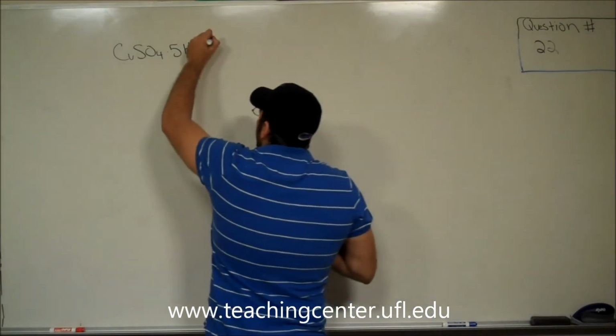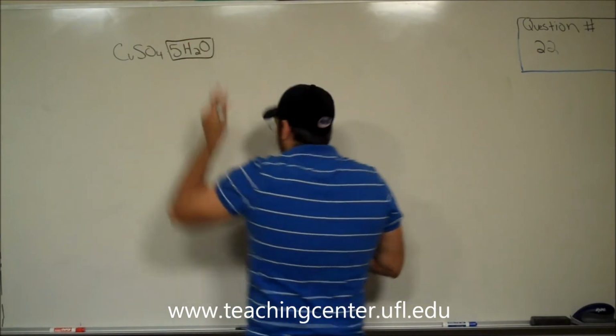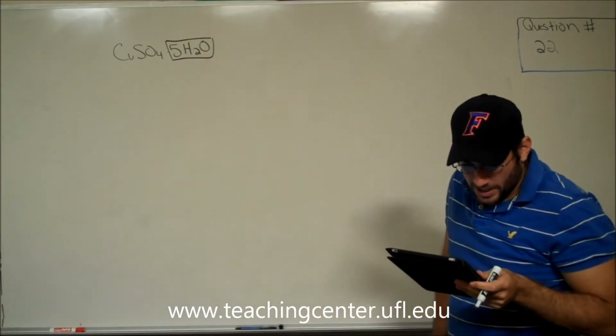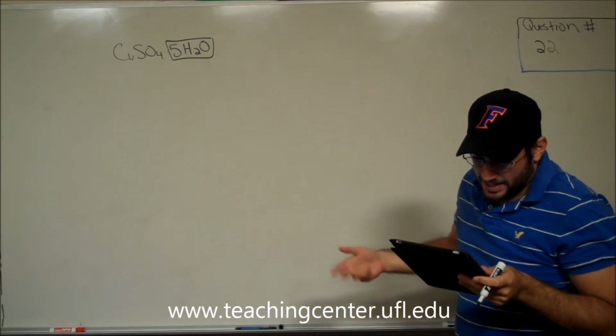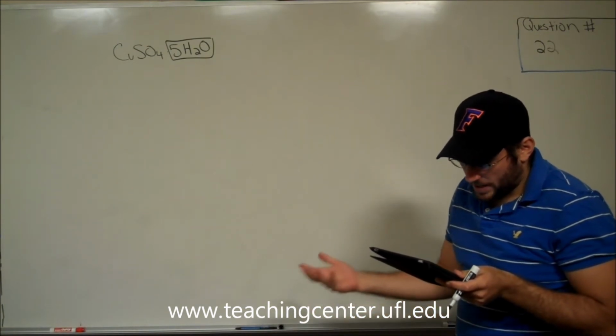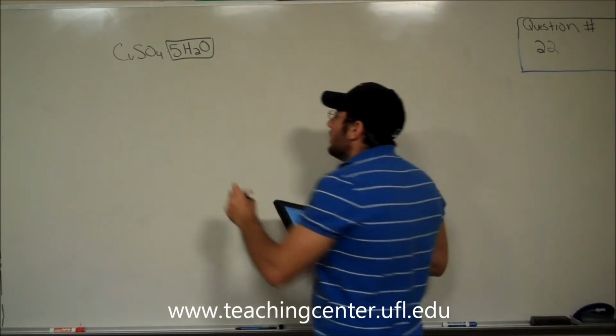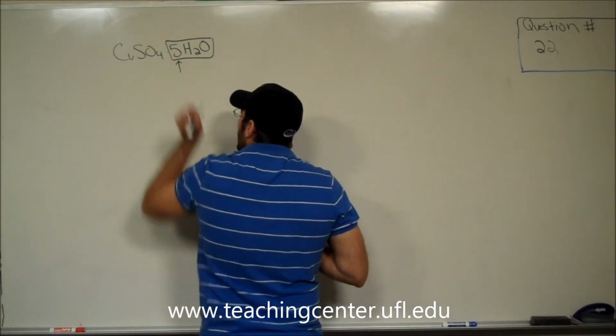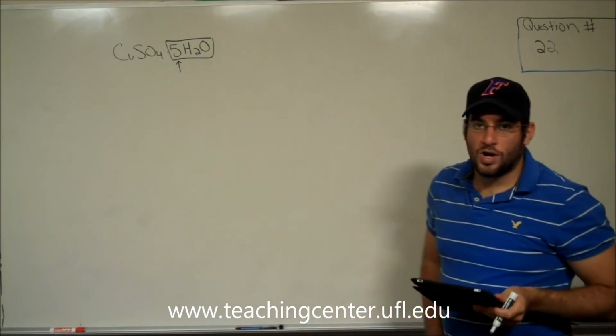So the first thing I think of when I look at this question is I look at the waters. The water is called a hydrate. If you look at the end of every single answer, pentahydrate, heptahydrate, the number in front designates what it would be.